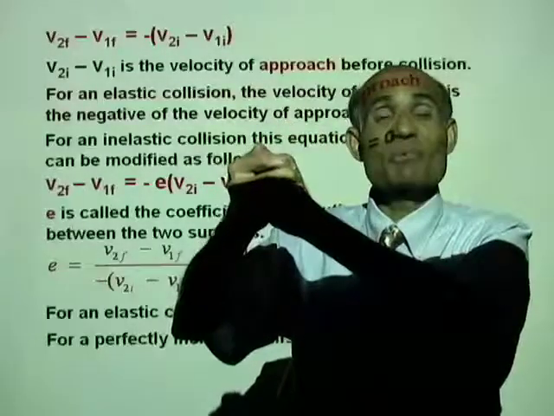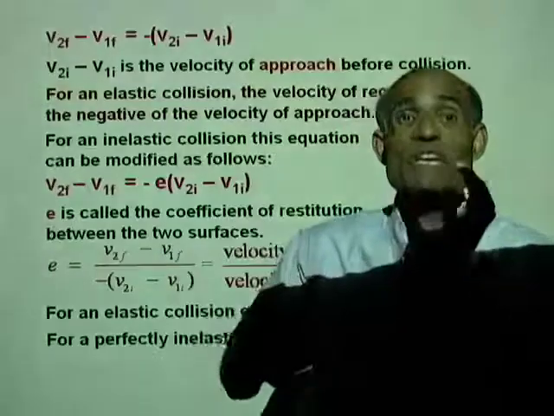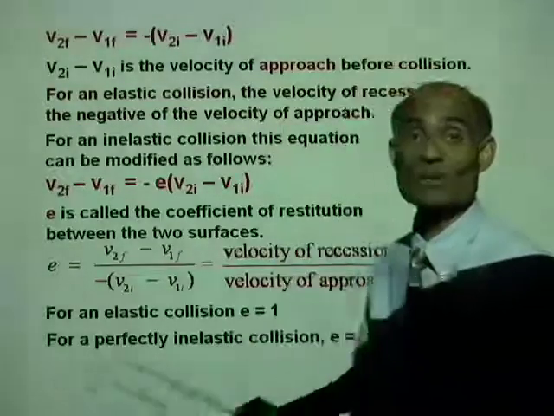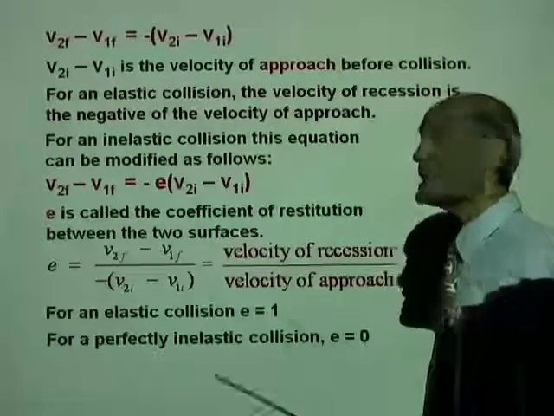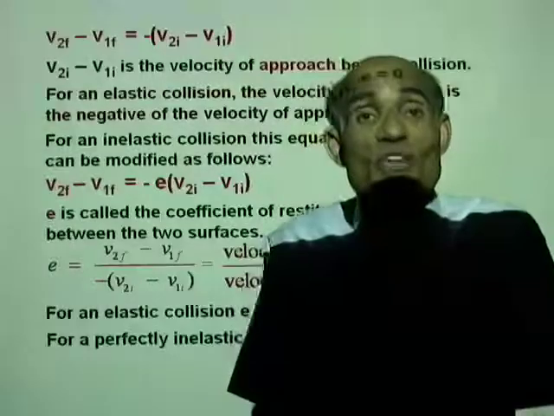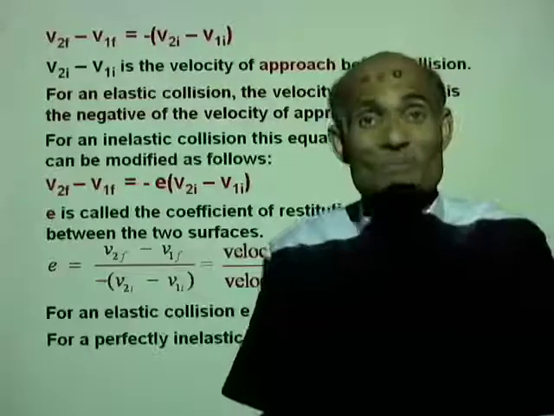That is an example of a perfectly inelastic collision. For it, e equals 0, which means the velocity of recession is 0.